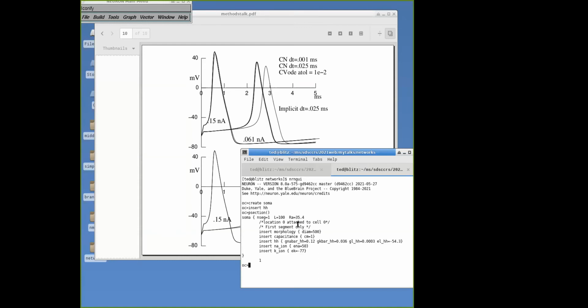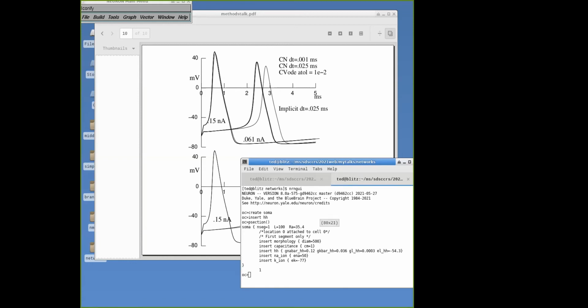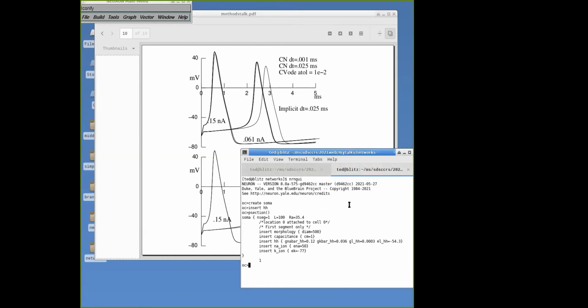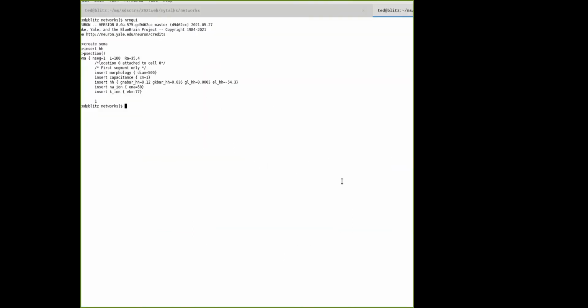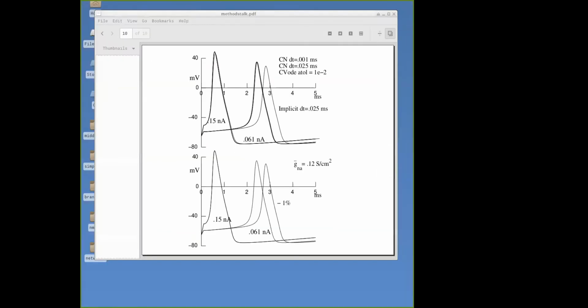Okay, GNA bar HH is 0.12. What happens if we reduce GNA bar by 1% from 0.12 Siemens per square centimeter? Just a 1% reduction of GNA bar.